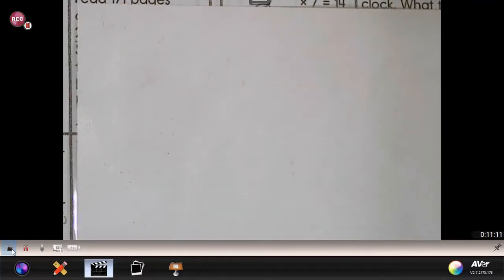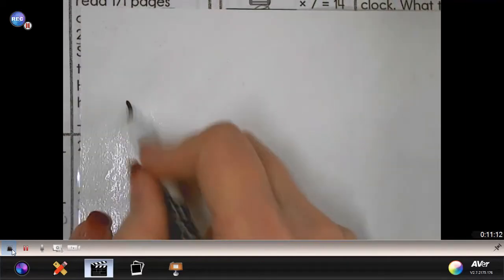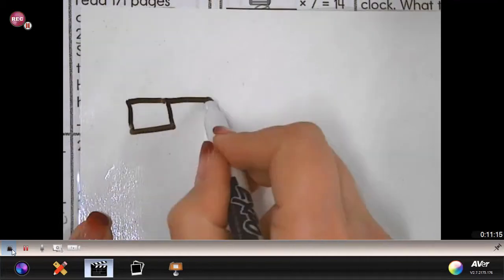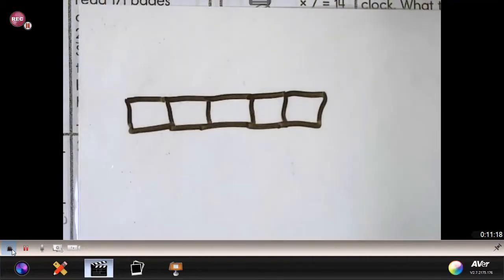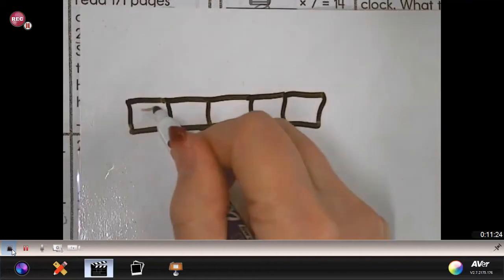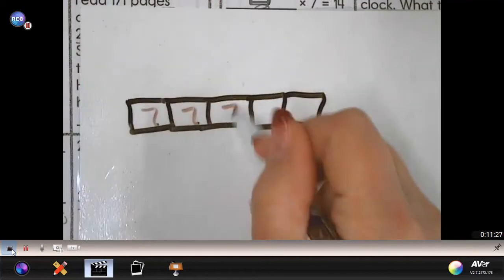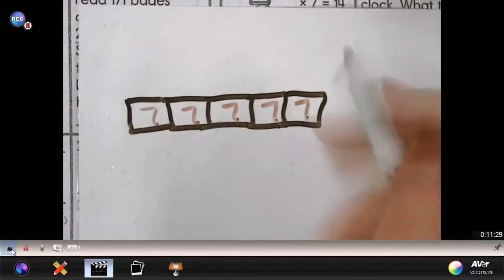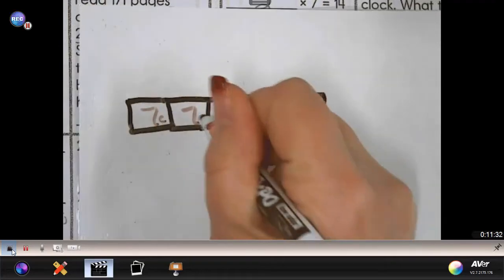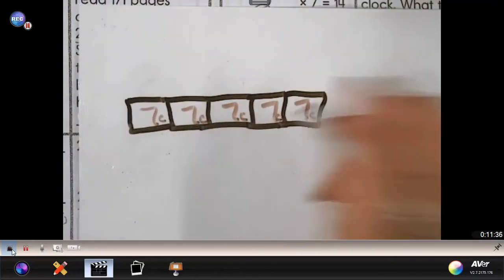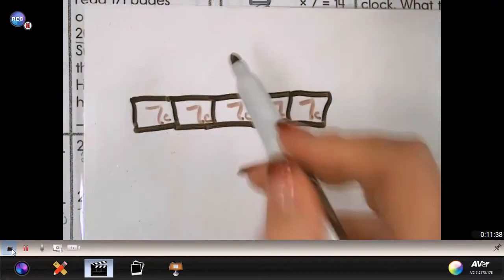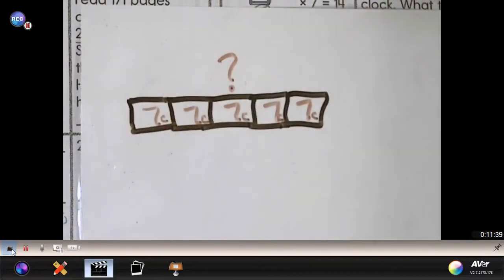So I have 5 boxes. And each box contains 7 cookies. So I'm going to put 7 cookies in each box, and I could put a little C next to them to stand for cookies. And I want to know total cookies here.